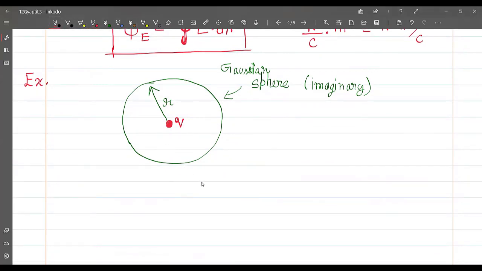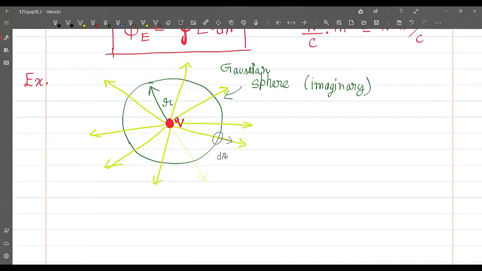Now, I know I can draw electric field lines for this. It is radially outwards at each and every point on this sphere. If I take a small region here, call this dA. The dA vector will be along the radius because it is a sphere.